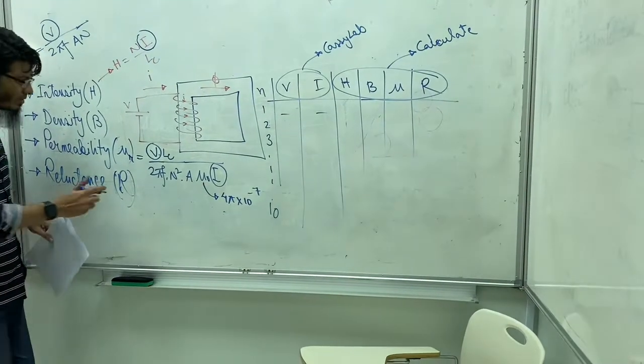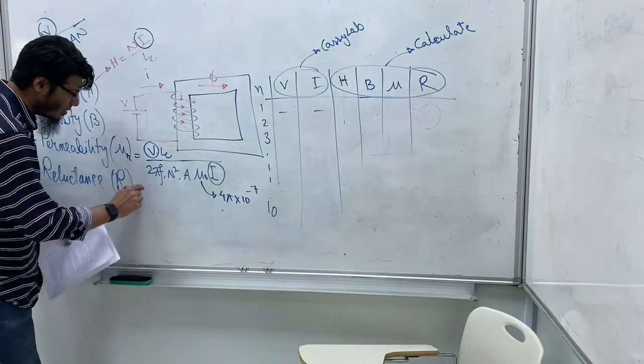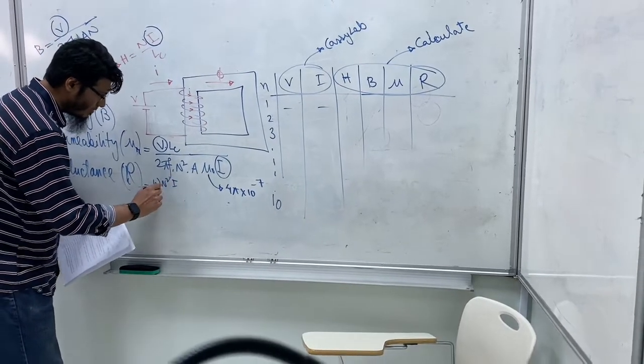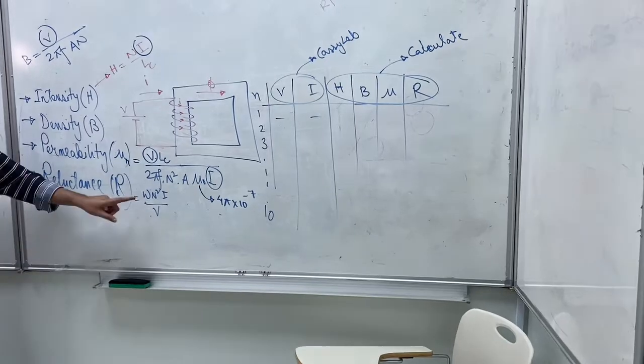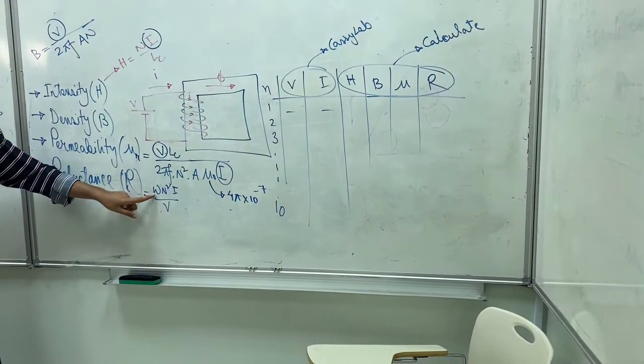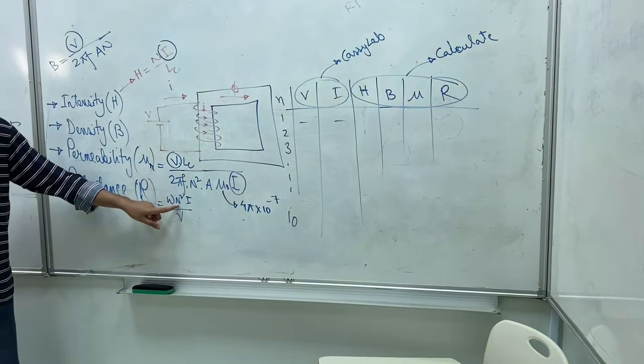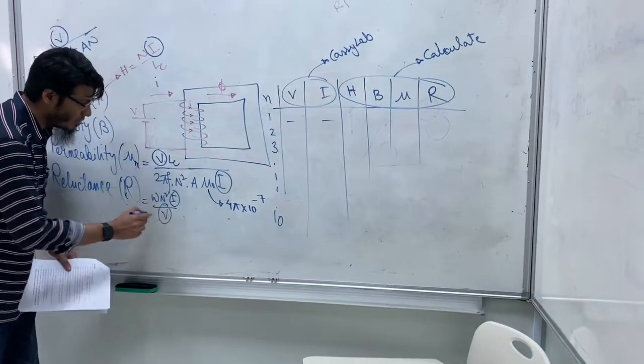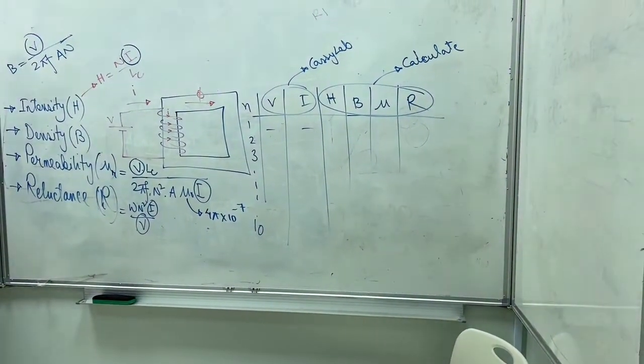So the last one is the reluctance. The formula for the reluctance is omega N square I divided by V. Again, omega is 2 pi F, N is the number of turns, constant. Only V and I, if you know them, you can calculate the values. Clear?